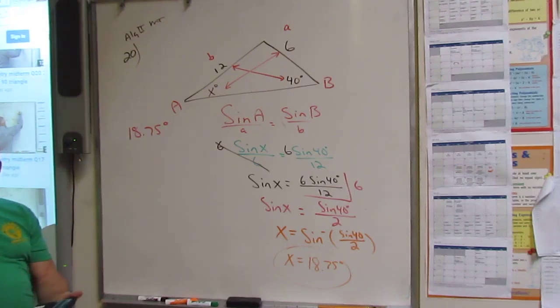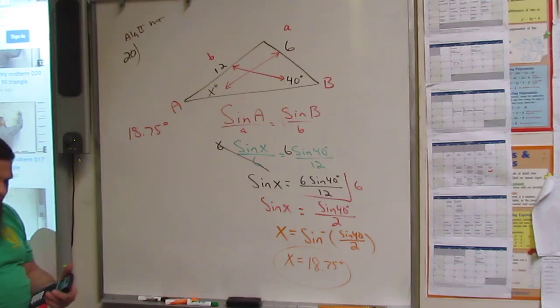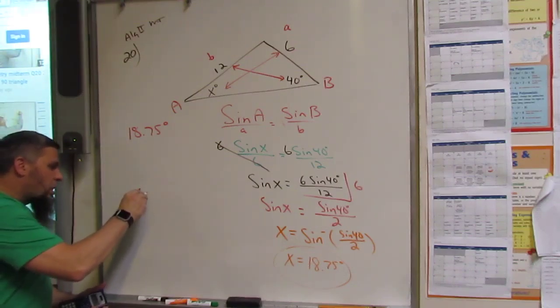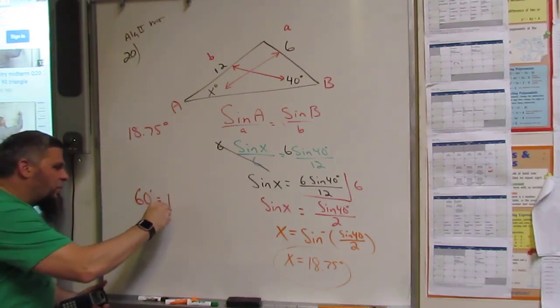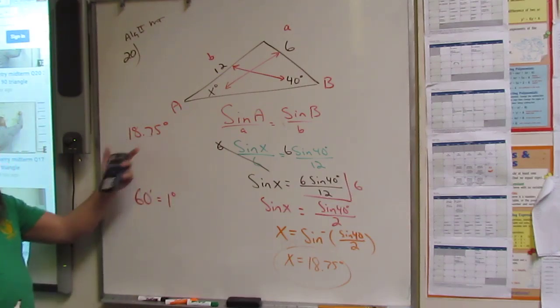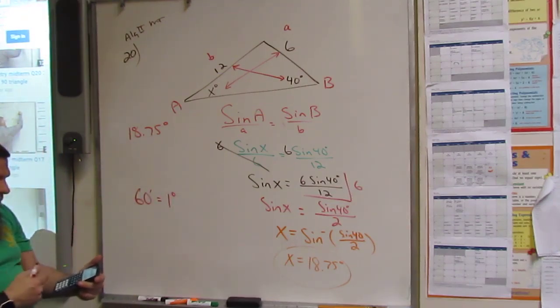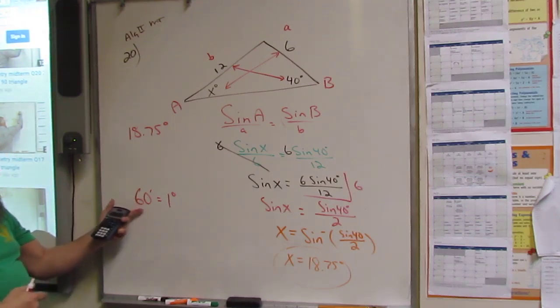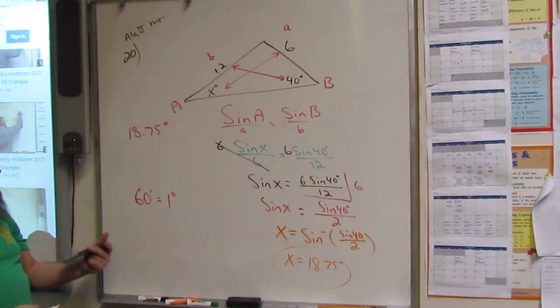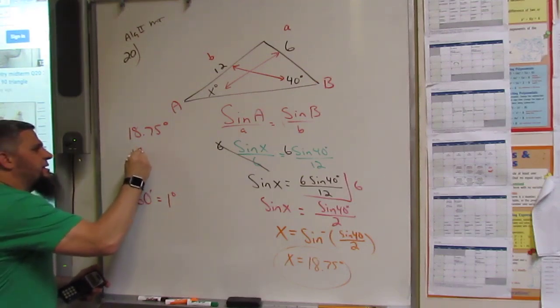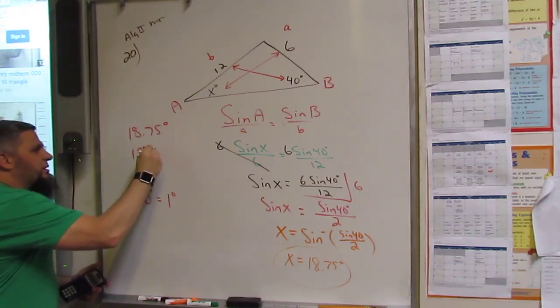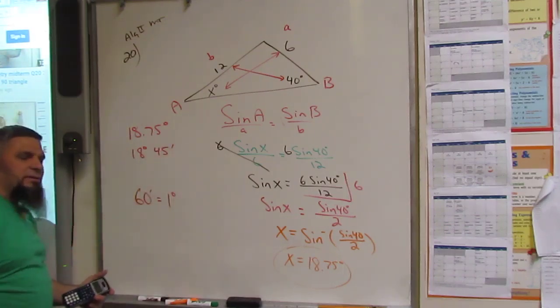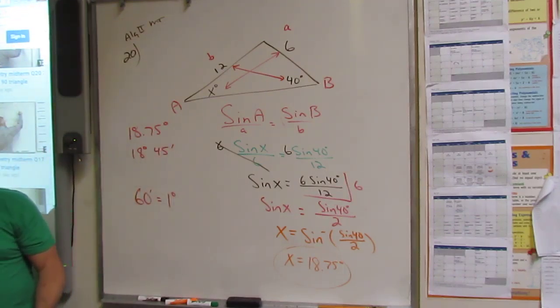Yeah, because it's 75% of 60 minutes. Because 60 minutes equals 1 degree, right? We're going to say it's 75%, so 0.75 times 60, that gives me 45. So this is actually 18 degrees, 45 minutes. Okay?